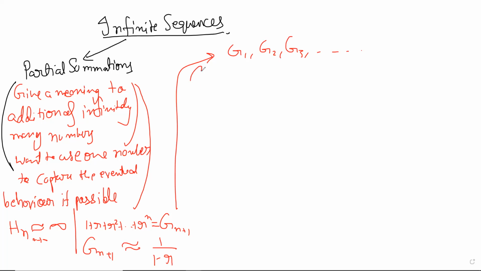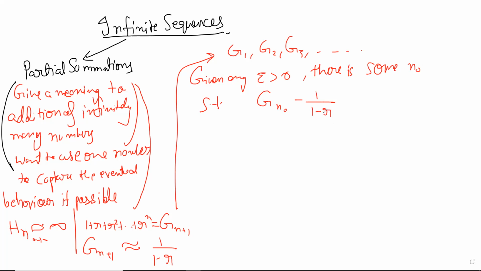It means that given any error greater than 0, any epsilon greater than 0, there is some n naught, such that g n naught, meaning that adding up to the n naught term, minus this number which we are treating as the best description, is less than epsilon.